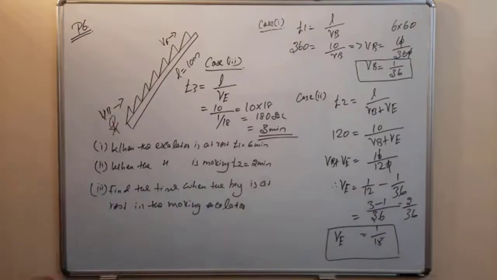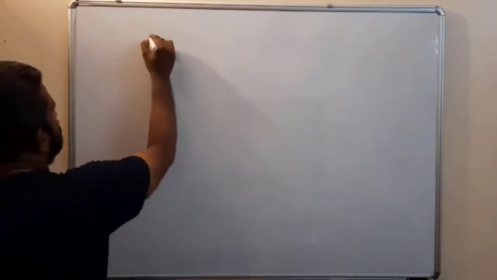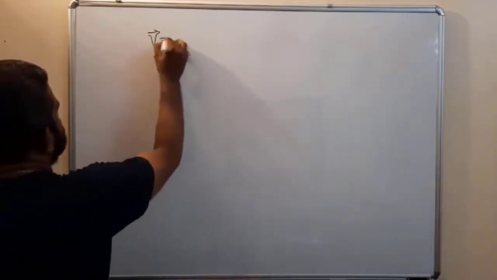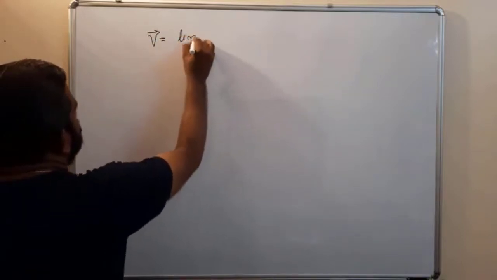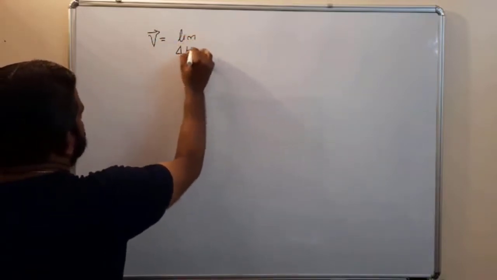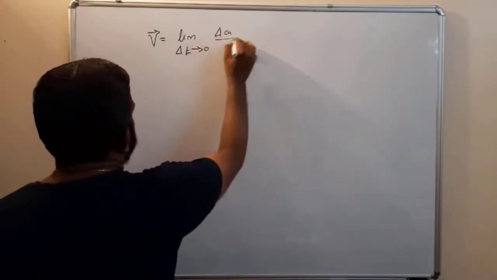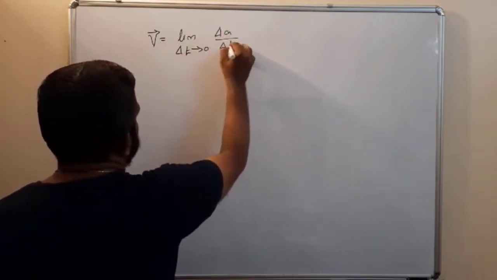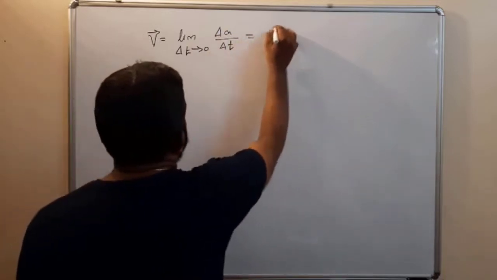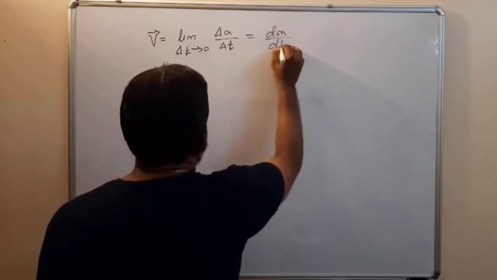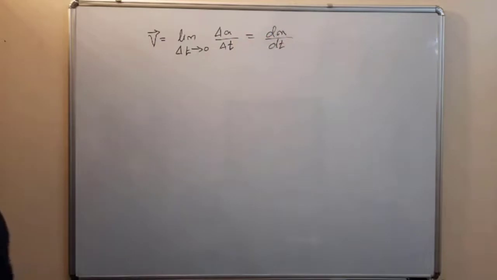Clear? Okay. Instantaneous velocity vector v is equal to the limit as delta t tends to 0 of delta x by delta t, that's equal to dx by dt. So we derived the formula like this.